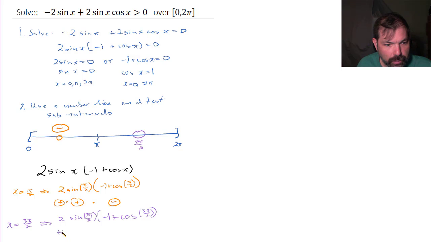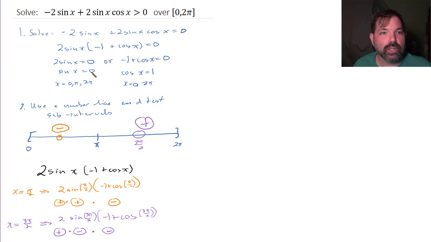The 2 is positive. The sine of 3 pi over 2 is negative 1, so negative. The cosine of 3 pi over 2 is 0, so negative 1 plus 0 is negative. A positive times a negative is positive.